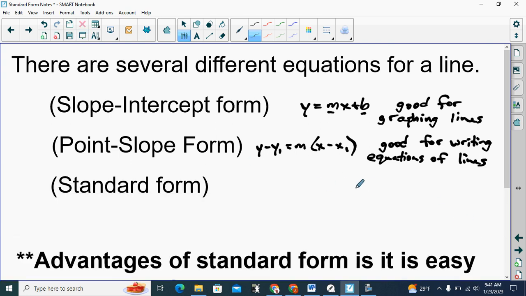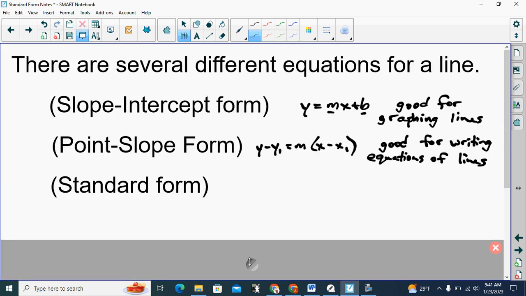Standard form is ax plus by equals c. And the problem with standard form is, notice there's no m in there. So I don't know what the slope is just by looking at standard form.